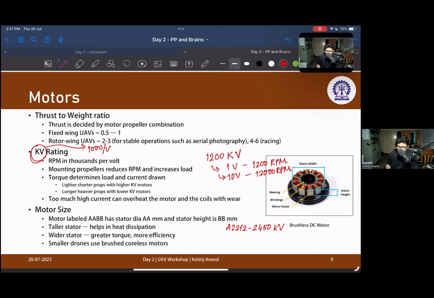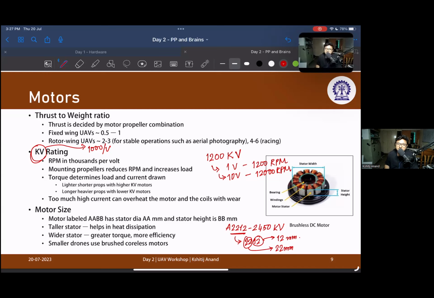The A is a series of the company that makes it, which has no special significance right now. 2212 has two parts, 22 and 12. 22 means that the stator has a diameter of 22 mm, and the stator height is 12 mm. That's how you specify the motor.